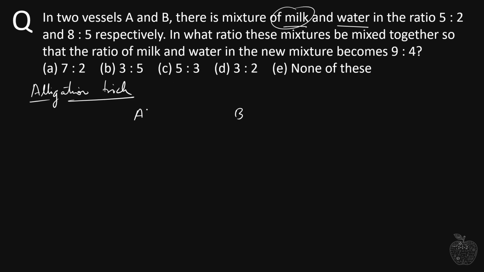In vessel A, how much milk is there? Milk is in the ratio 5:7, that means in vessel A there are 5 parts milk out of total 7 parts. And in vessel B there are 8 parts milk out of total 13 parts, and both are mixed together in, let's say, vessel C. And the final ratio is 9:4.